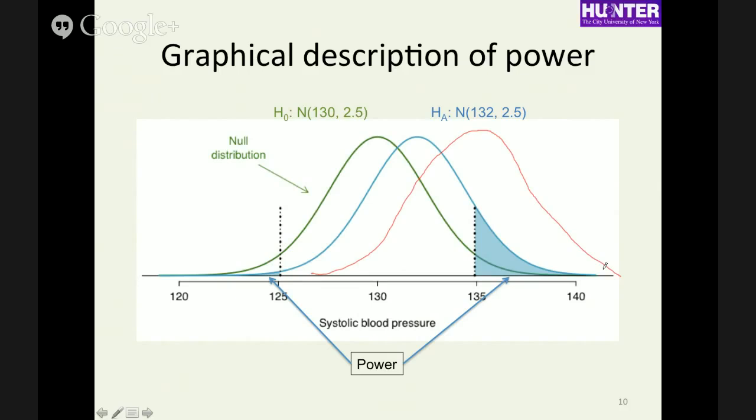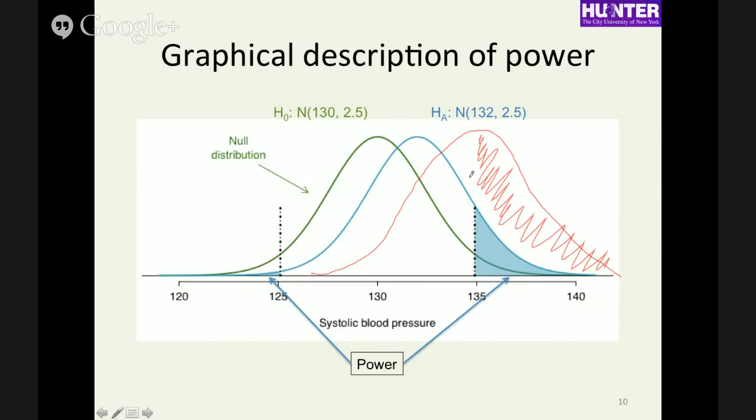It's going to go up, right? It's going to be more like 50%. So this would be a power of about 50%. Still not a very good power. It means that if this is your alternative hypothesis, you only have a 50% chance of correctly rejecting the null hypothesis.